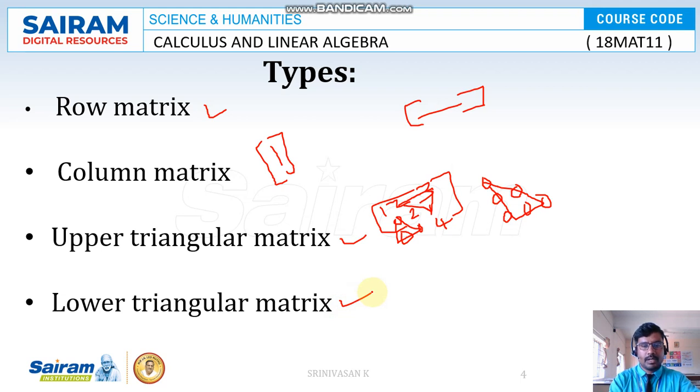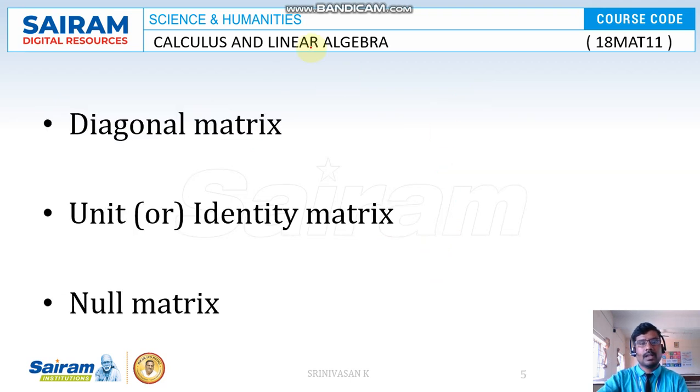If upper triangular and lower triangular are together in the matrix, it is called a diagonal matrix. So only having values in the diagonal elements is called a diagonal matrix. The next one, the diagonal matrix, contains the upper triangular matrix as well as the lower triangular matrix.